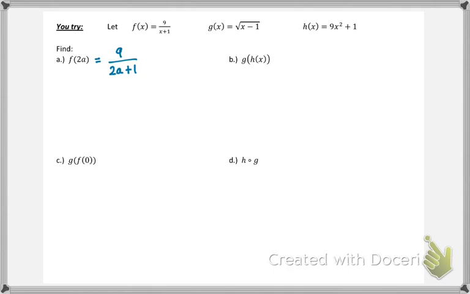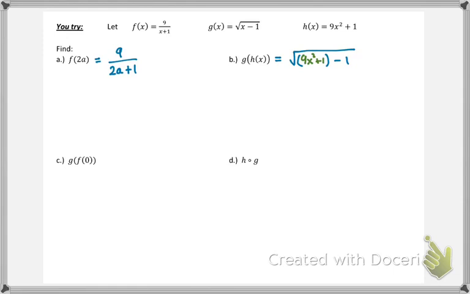Let's look at B. B, I am putting h inside g. So my g function, which is normally the square root of whatever x is, minus 1. Instead of x, my new input is going to be my h function, 9x squared plus 1.